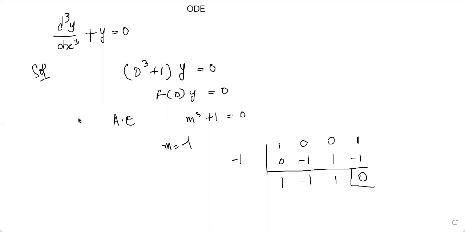So this will be (m plus 1)(m square minus m plus 1) is equal to 0. And we already got one root, that is m plus 1, that is m is equal to minus 1.